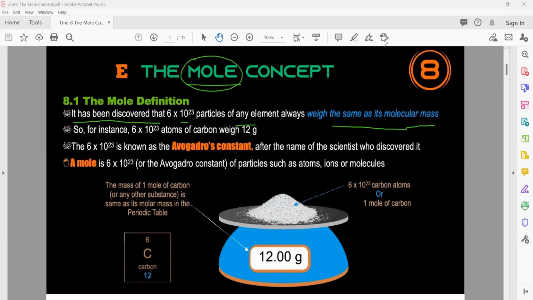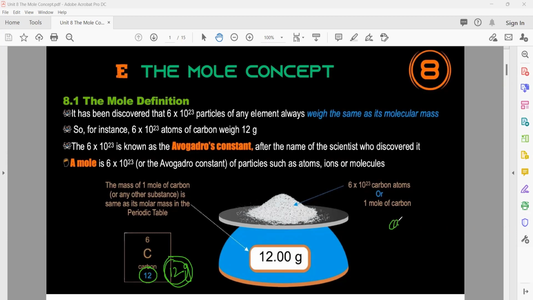What does it mean? It means that, for example, you have the periodic table. In the periodic table, the relative atomic mass of carbon is 12. What does it mean? It means that this 12 grams is equal to 1 mole.